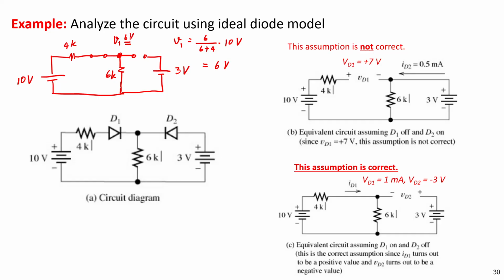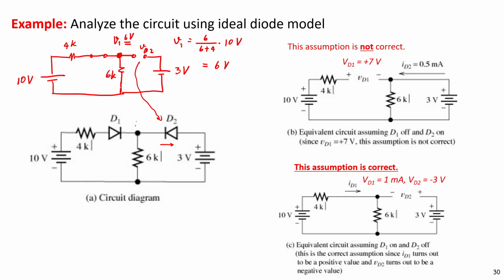So in this case, the voltage at this point is higher than 3 volt, right? So VD2 is negative 3. It's negative 3, reverse bias, right? VD2 is in reverse bias. So in this case, the current cannot flow in this direction, right?